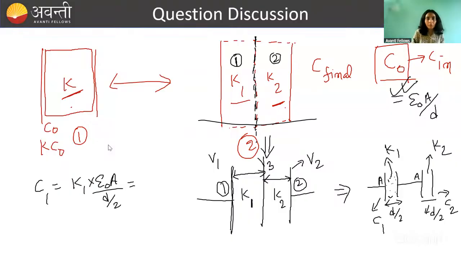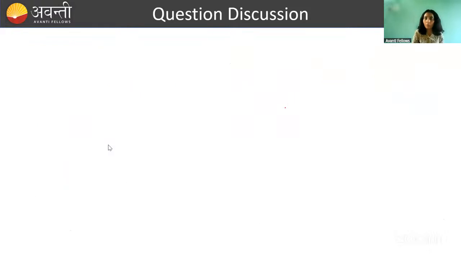Okay? So here you can write it like 2K1 C naught, and C2 will become equal to how much? 2K2 C naught. They are in series, so add them like we add capacitors in series. So 1 by C equivalent is 1 by 2K1 C naught plus 1 by 2K2 C naught.